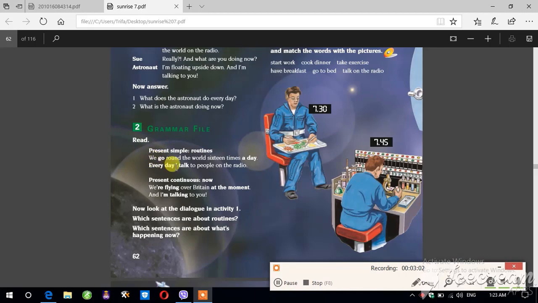If we look at every day is a time, a day is a time. If there is a day and every day in the sentence, means the sentence is present simple. But at the same time we have to look at the verb.